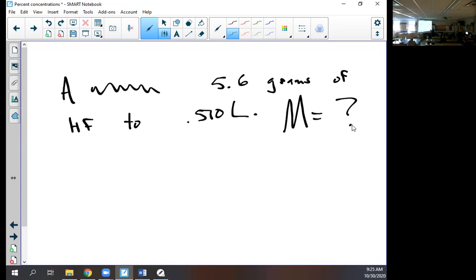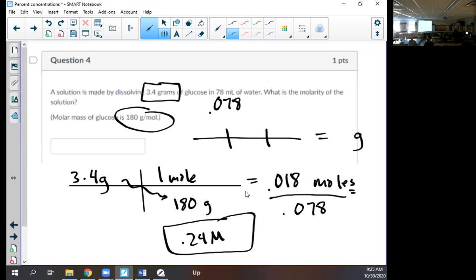Wait. Whoa. Where's 100 grams? Well, in the other problem, I told you what HF was. But it's H's mass plus F's mass. Oh, so I have to find it. Right. The other problems, to save time, I was giving you this answer.